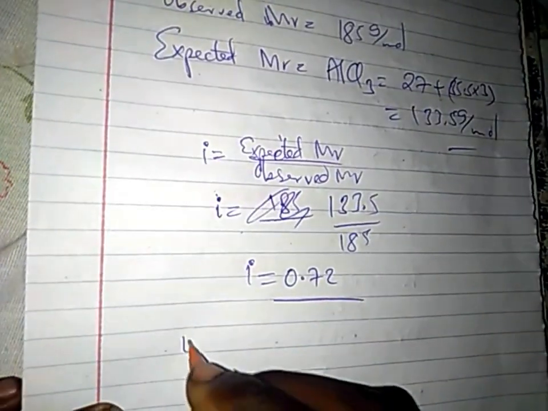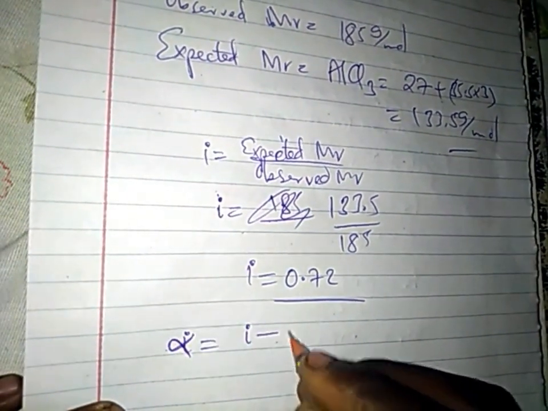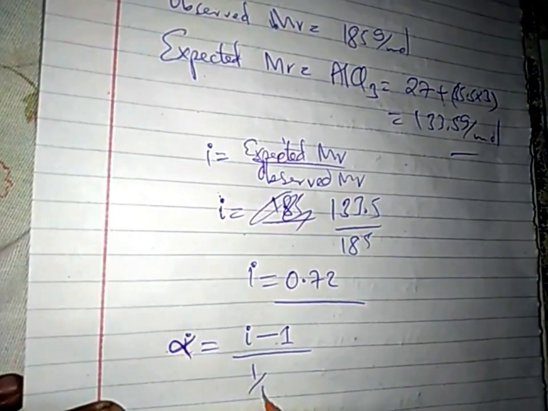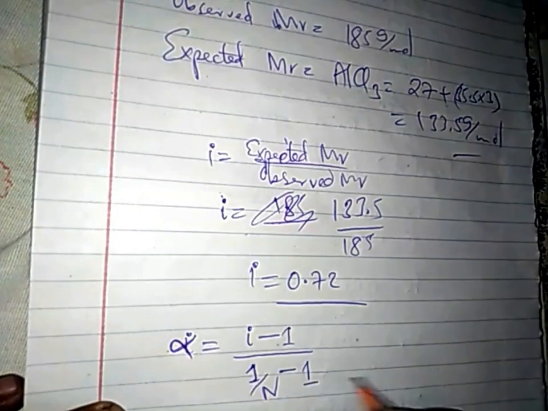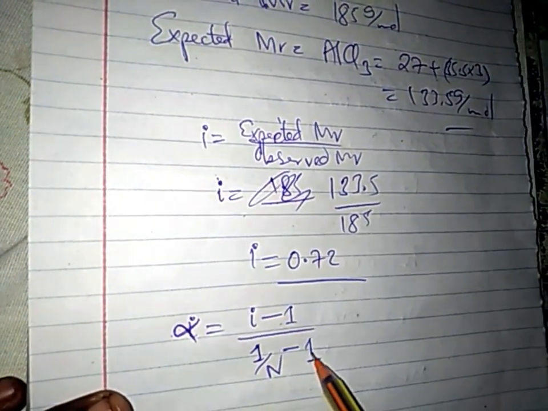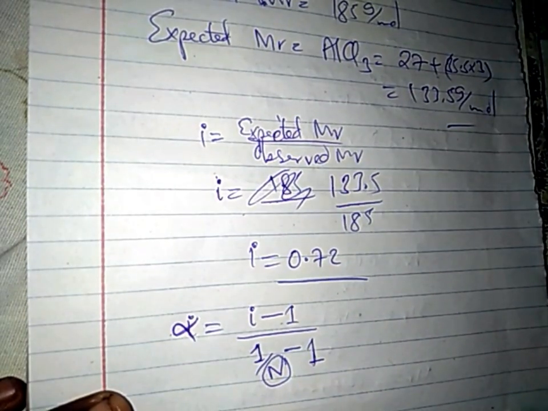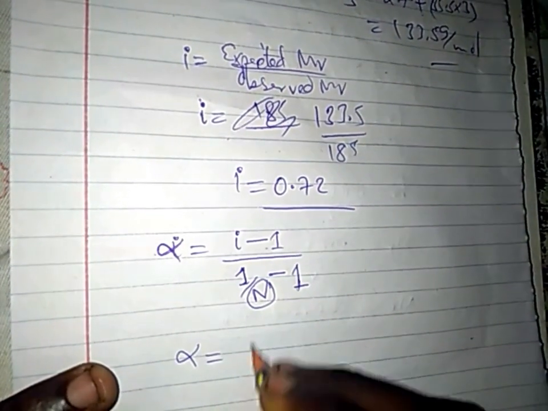So as we said kwenye association, degree of association is equal to Van't-Hoff's factor minus 1, then divided by 1 divided by n, then minus 1. So kilichopo hapa ni kwamba huyu n ndo number of particles ambazo zimekuwa associated na kwa hapa ni 2. So degree of association itakuwa ni ngapi?